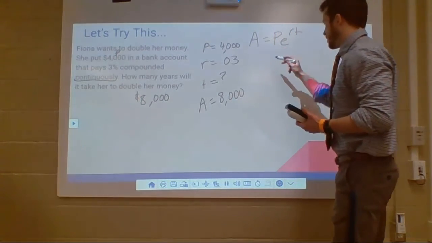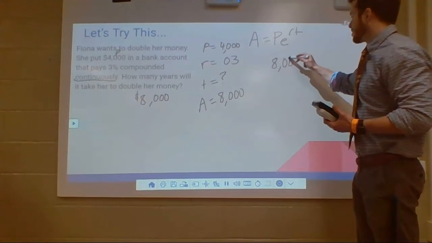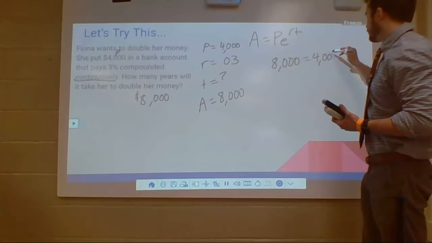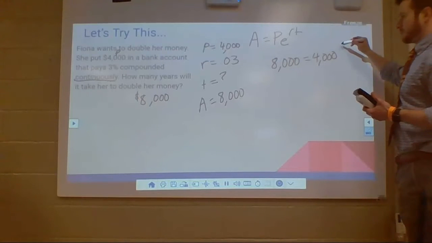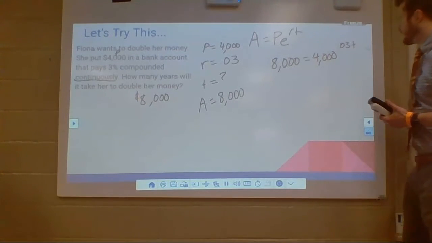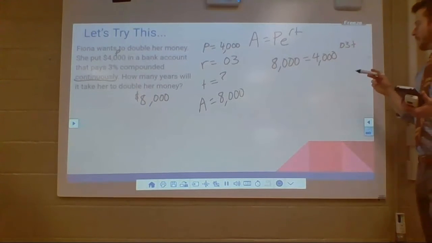I'm going to substitute this in here. 8,000, which is A, equals 4,000 raised to the 0.03 t. 0.03 times t. R times t.